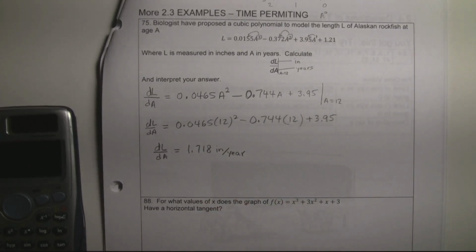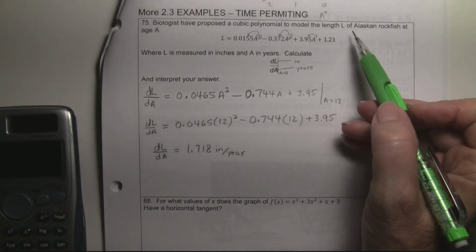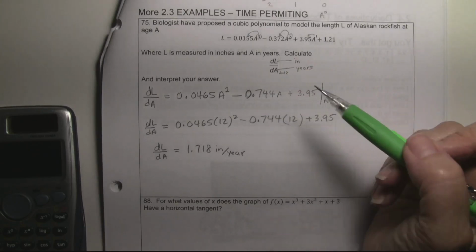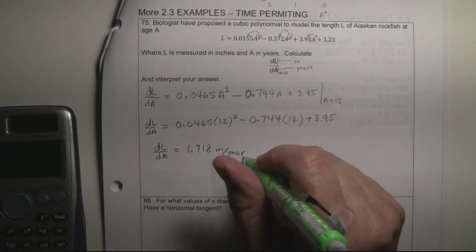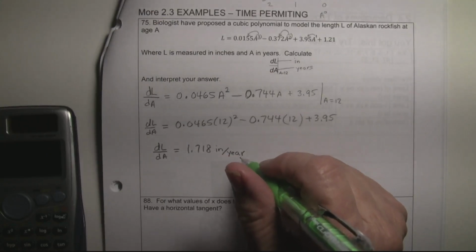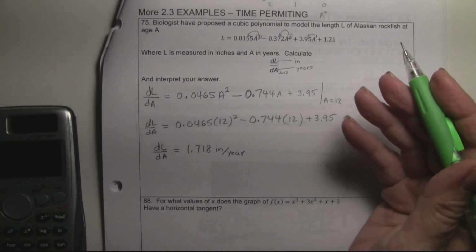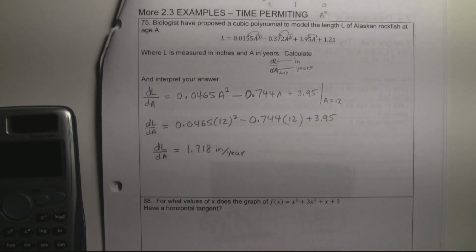And this was talking about the length of Alaskan rockfish at age A. So this tells us that it's growing, getting a little bit bigger at 1.718 inches per year when the rockfish is 12 years old. So at 12 years old, this fish is increasing in length by this amount.